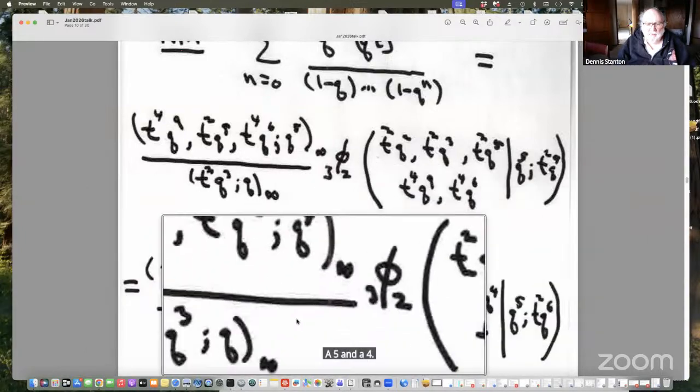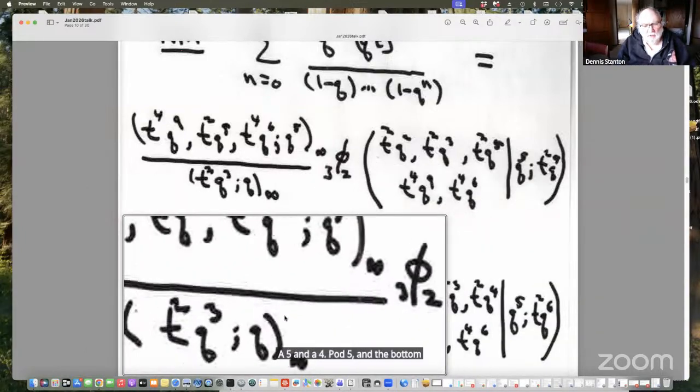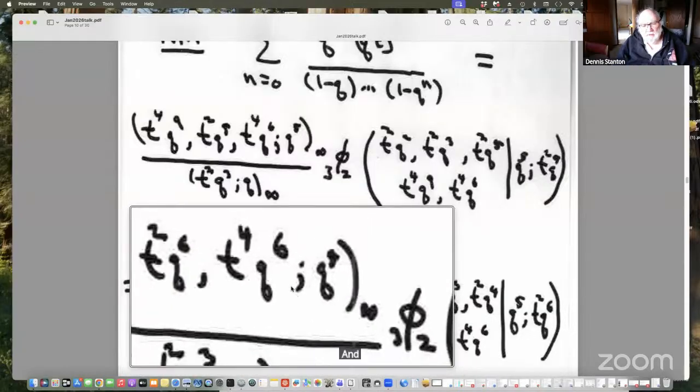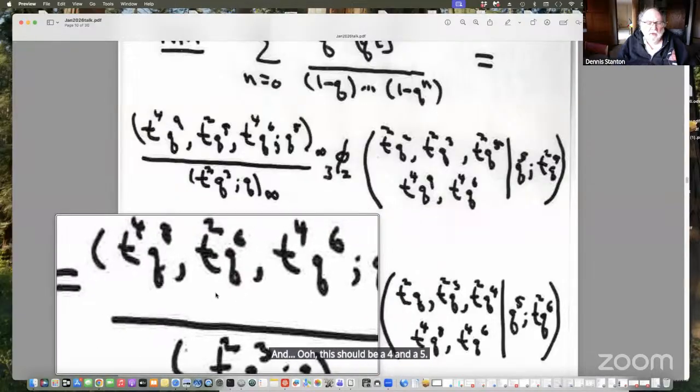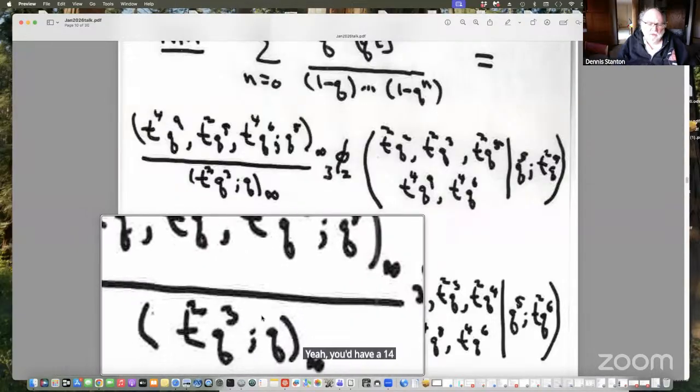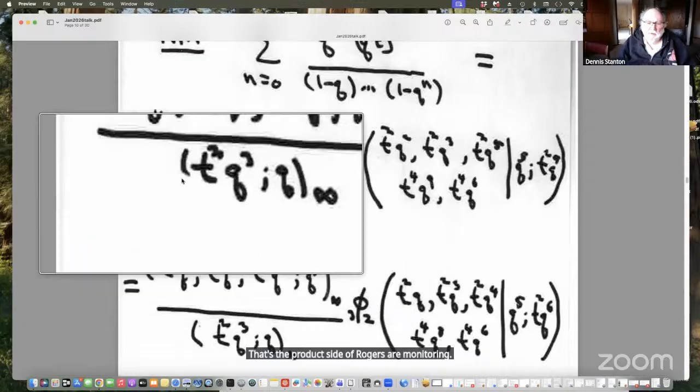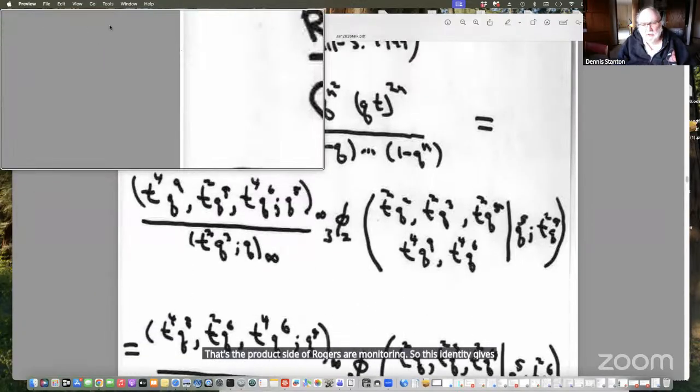And the bottom gives you a 2. So the 1 is missing. That's why it's a 6. And, ooh, this should be a 4 and a 5. Yeah, you'd have a 1, 4, 5 canceling. So you're left with 2 and 3. That's the product side of Rogers-Ramanujan. So this identity gives Rogers-Ramanujan.